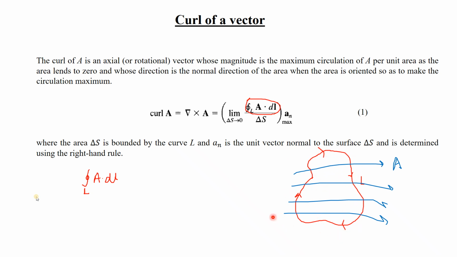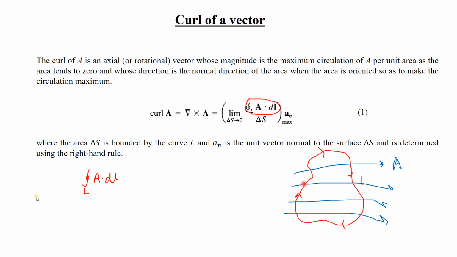Now why a surface, if it is a path, a line? If you remember, it was already discussed in the previous lectures that a closed path is like an open surface and a closed surface is like a volume. An open surface means only two-dimensional. If it was a cube or a sphere, it would be three-dimensional, and then it would be a closed surface, and a closed surface means volume.